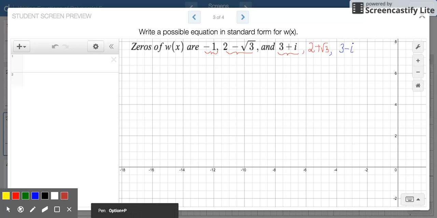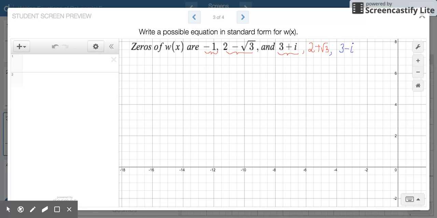So now we can start writing the factors of w of x. So w of x is equal to x minus times x minus times x minus times x minus. So 1, 2, 3, 4. I need one more. x minus. So here I'll put -1.